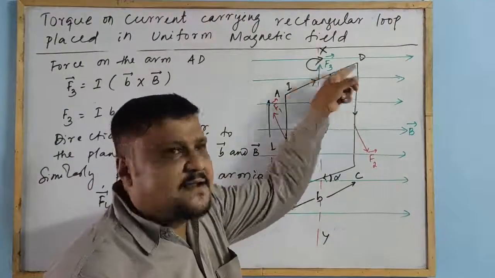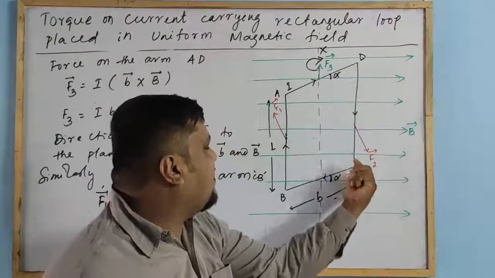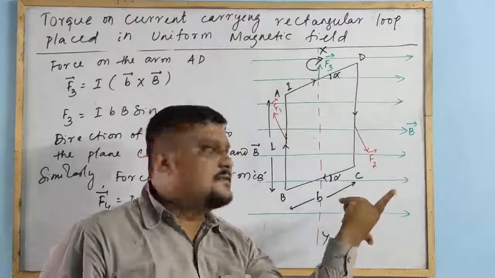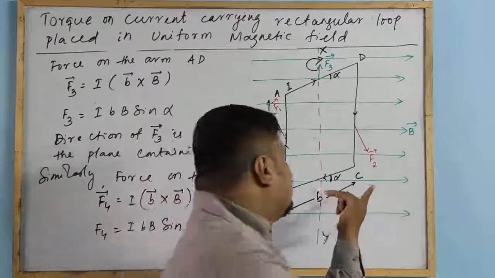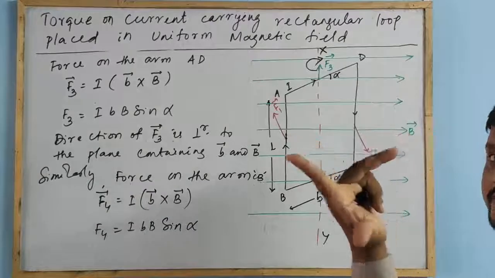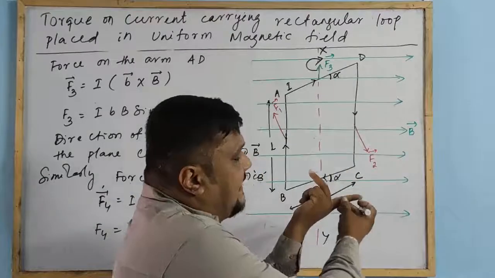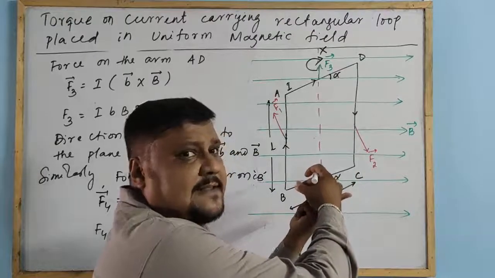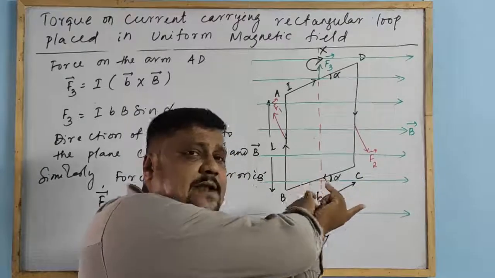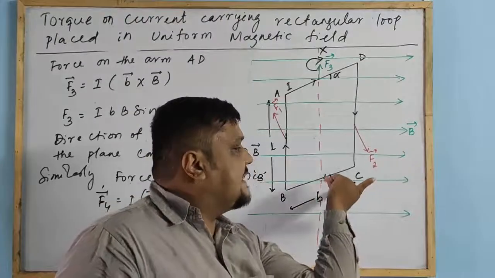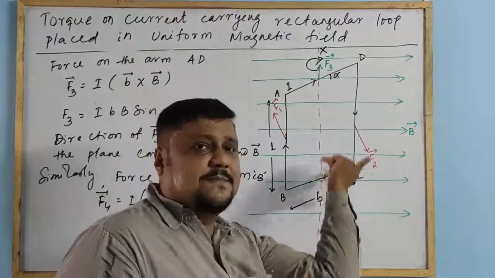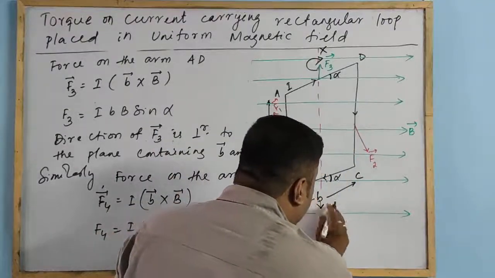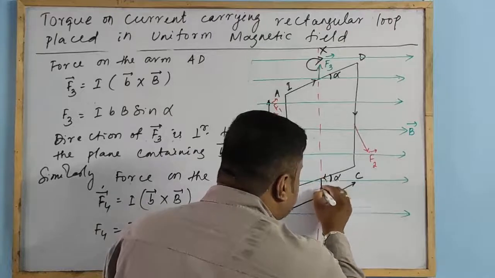What is this direction? The magnetic field is the same, but the direction of the current changes. Using the left hand rule, with this the direction of magnetic field and this the current, the force will be perpendicular inward. It is perpendicular to the plane containing B and L, along the direction of F4.